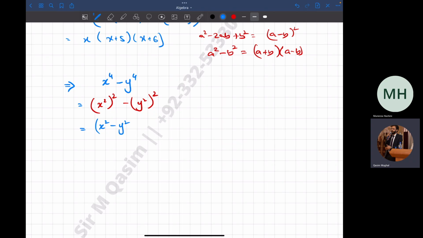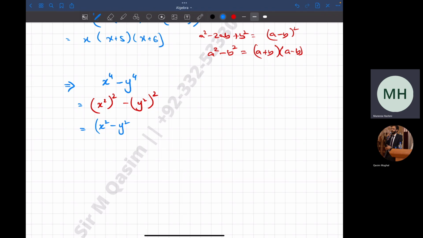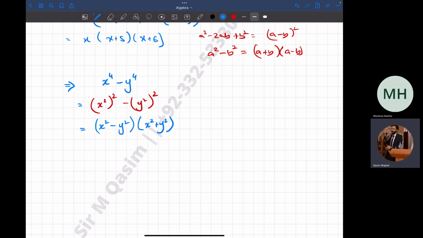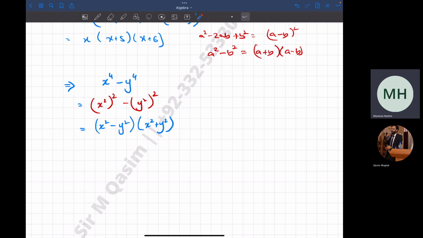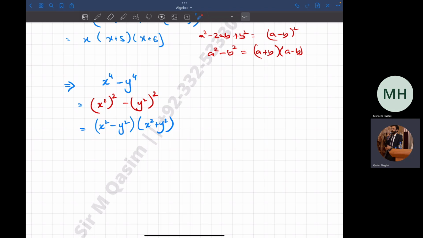x squared minus y squared, and then x squared plus y squared. Nice. So we're not done yet. If you look carefully, which one of these can be further factorized? Both of them. Both of them, okay. How?